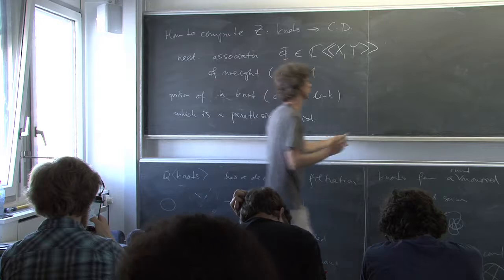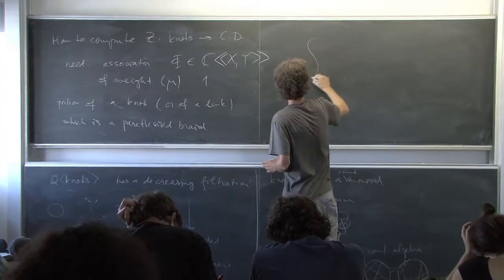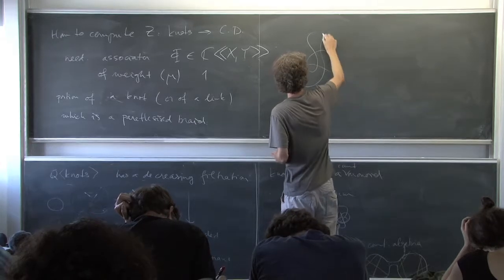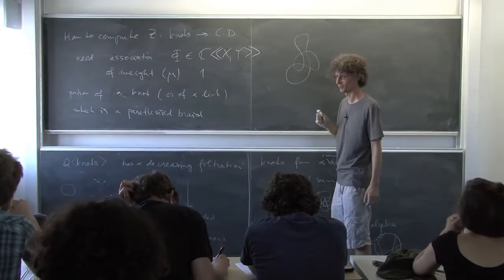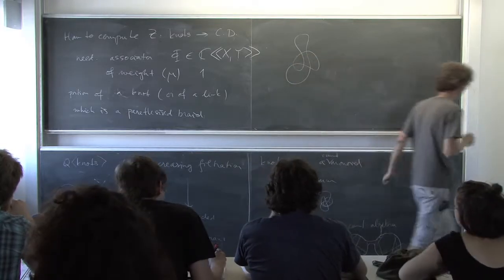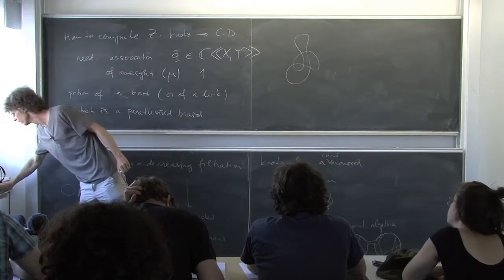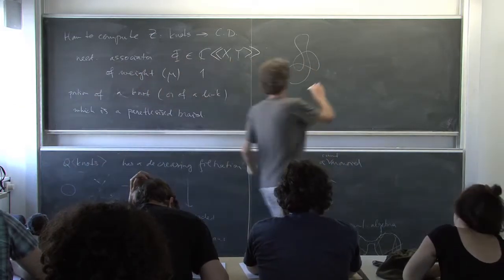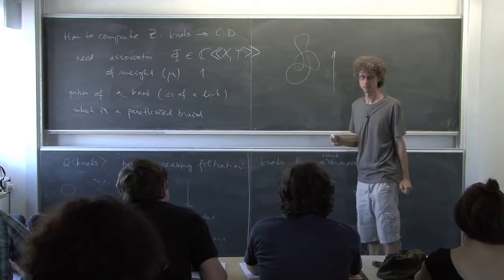What do I mean by that? I mean, you draw your knot like this, draw all those crossings, which I don't care about. And now we are trying to read this knot in this direction.